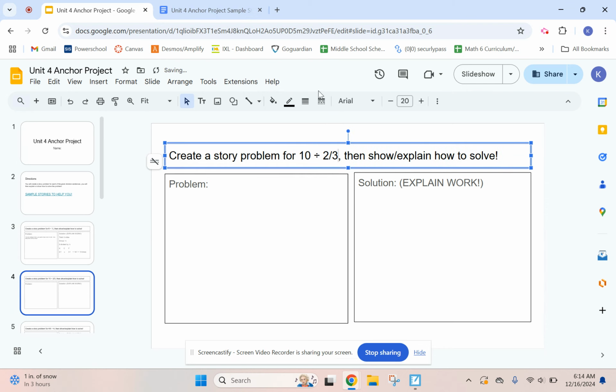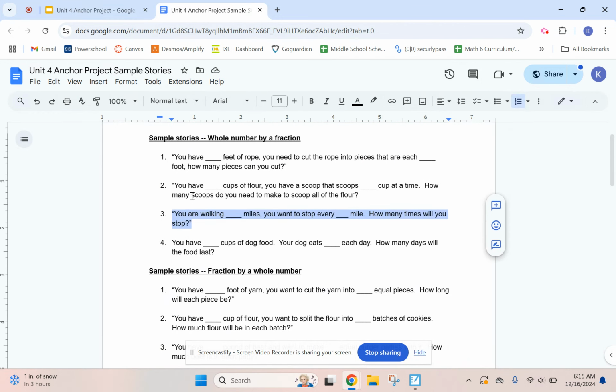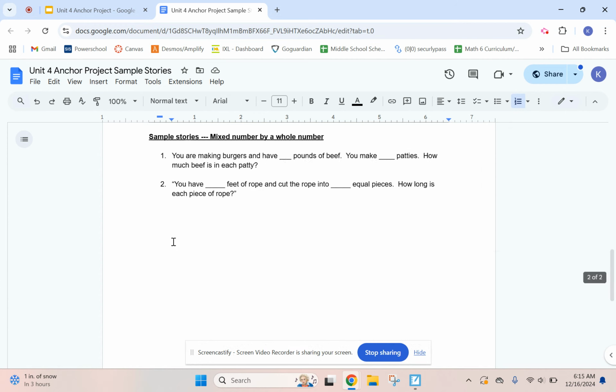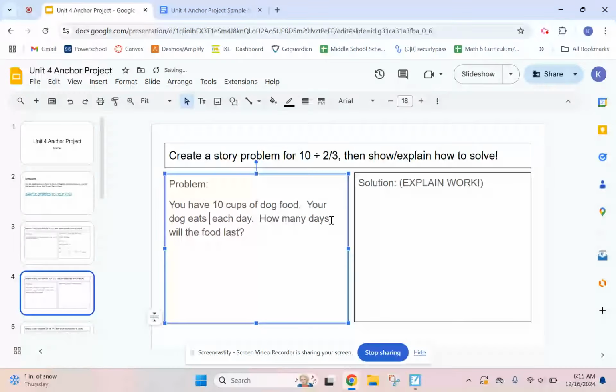So we still have here a whole number divided by a fraction. So let's choose from that category. All right, let's choose a different one. I'm going to paste it in here. Okay, our whole number: you have 10 cups of dog food. Your dog eats 2/3 of a cup each day. How many days will the food last?